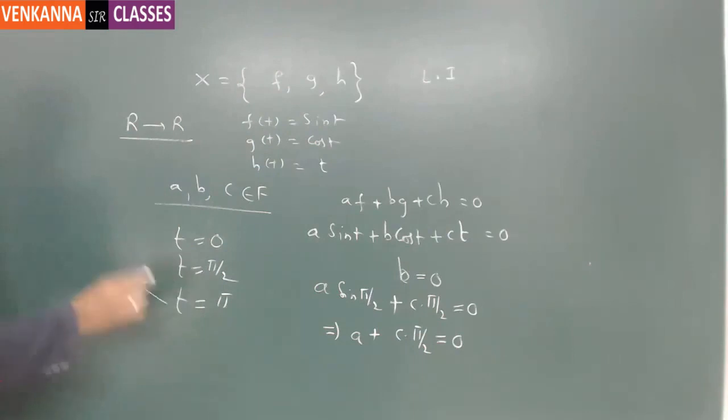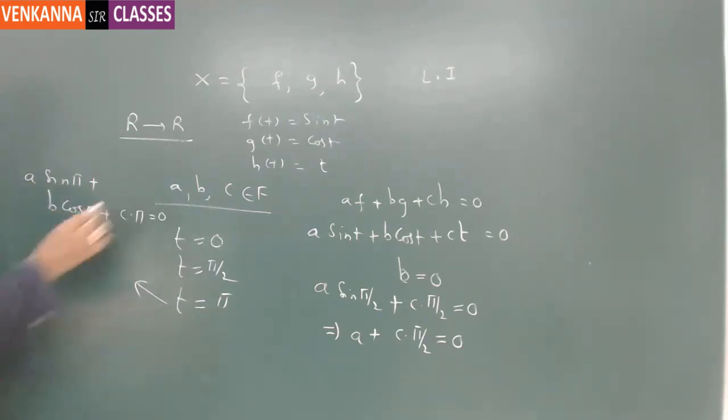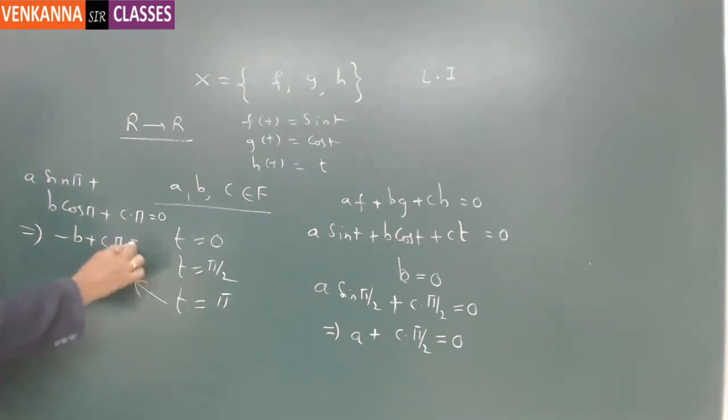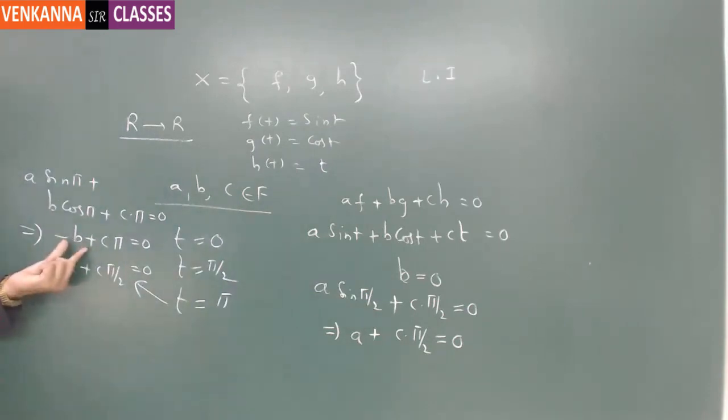If you substitute t is equal to pi, then the result is, so from this you have an equation, and also you have another equation that, since b is 0, substituting the b value here, you will get c is equal to 0.